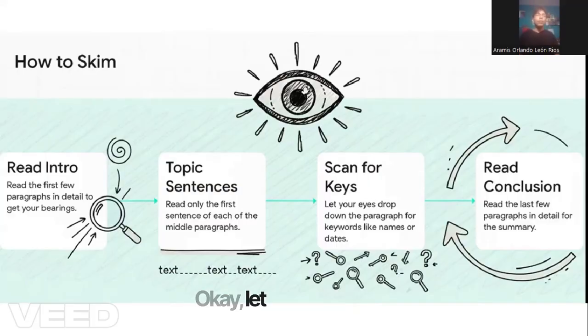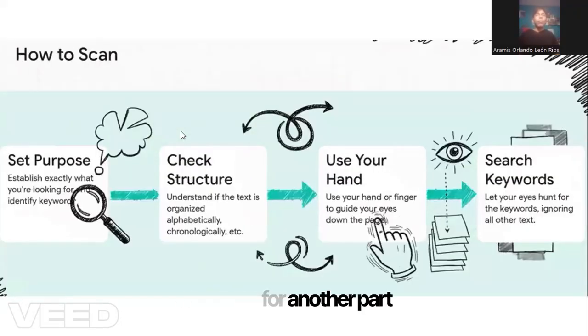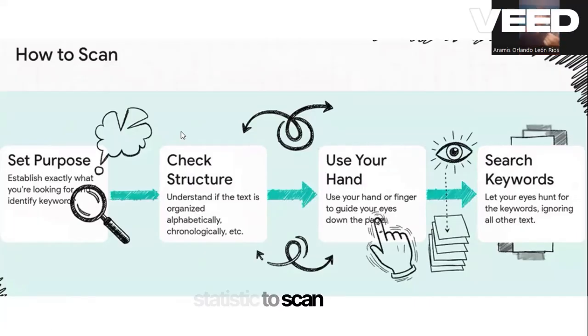Okay, now let's move to scanning. Scanning is very different from skimming. It's fast and very focused, and you can use it when you need one specific piece of information, like a date, a name, or a statistic. To scan well, you know exactly what you're looking for.